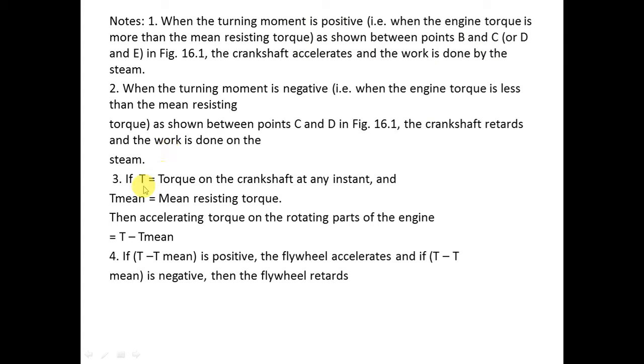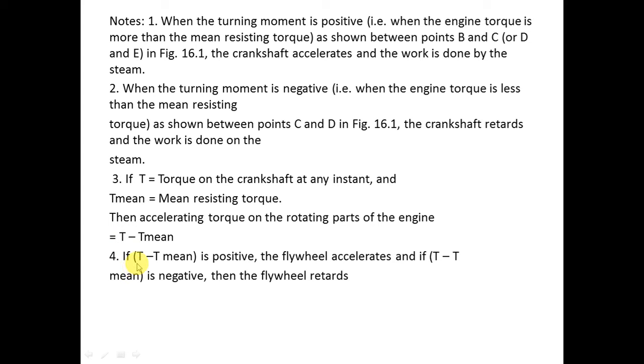If T is the torque on the crankshaft at any instant, the instant torque value, and T mean is the mean resisting torque, then the accelerating torque on the rotating parts of the engine is T minus T mean. So the accelerating torque is given by subtracting the mean torque value from the actual torque.